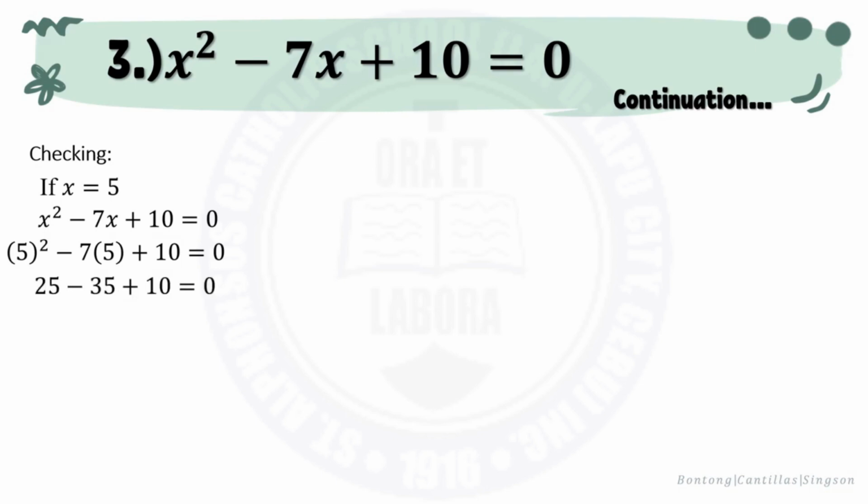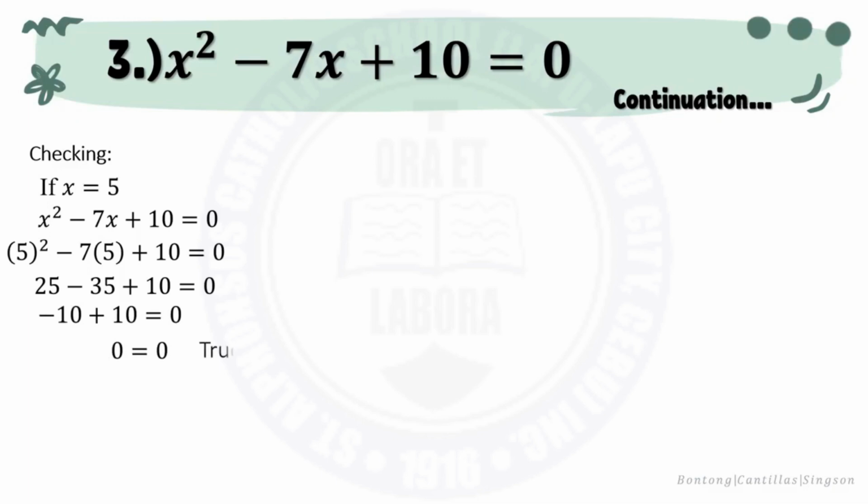Negative 7 times 5, that's negative 35. So you have there minus 35. Next, copy 10. Now, in PEMDAS, in addition and subtraction, you start from left to right. So 25 minus 35, that's negative 10, plus 10 equals 0.